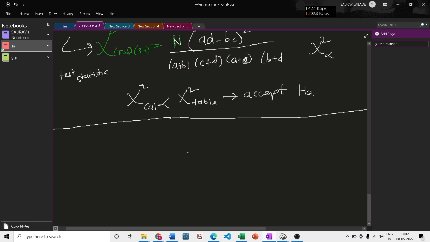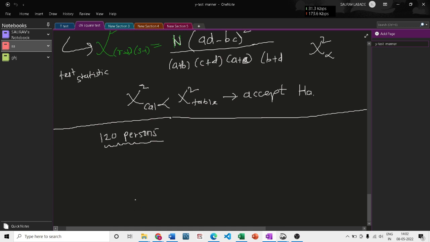In a radio listeners survey, 120 persons were interviewed and their opinions about the preference for Hindi or English music were asked. So the results are as follows.